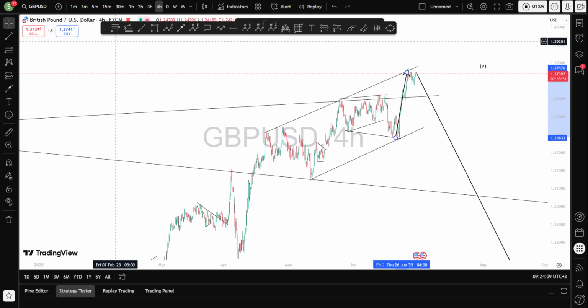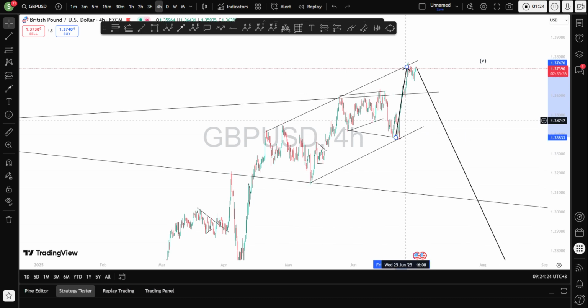So for aggressive entries, let me remove this first.